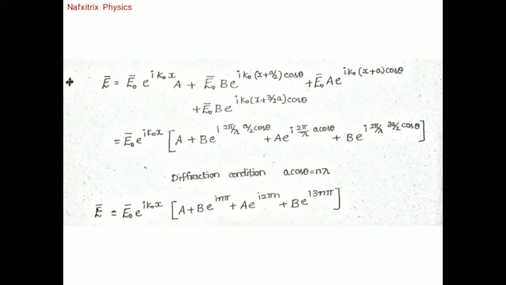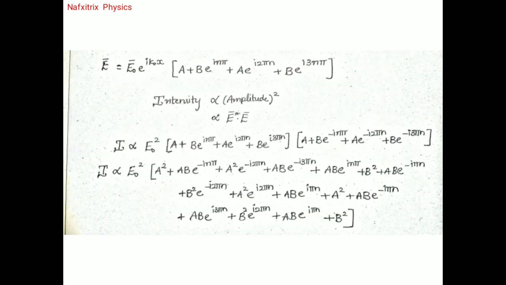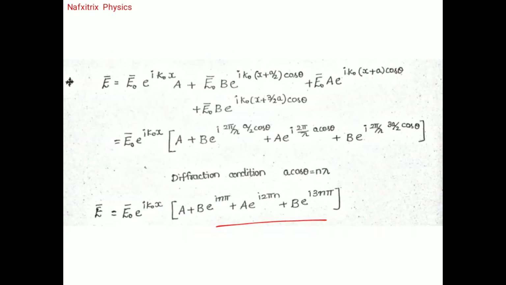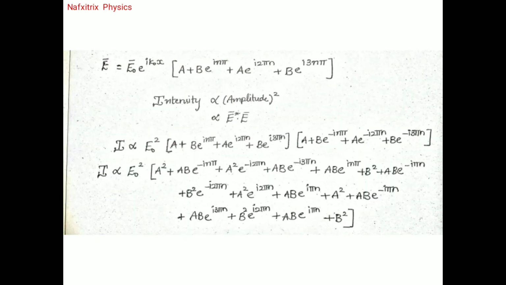And the next thing is, this is the final thing we have achieved, that is E. So now intensity is nothing but amplitude square. Intensity of light or diffraction pattern is directly proportional to amplitude square. That is nothing but the amplitude of the electric field vector.